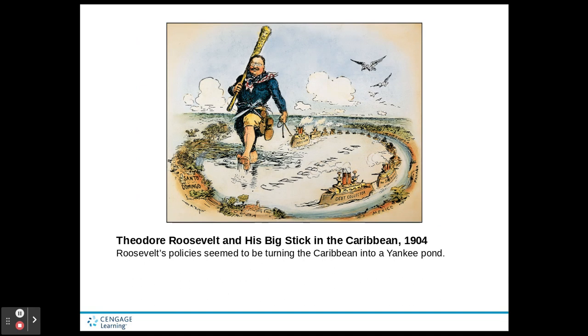This leads to this idea of America having this influence in the Caribbean, really using both its military and economic might to, you can even claim, bully other nations throughout the Caribbean to influence diplomatic, economic, and political events throughout the Caribbean. And this is where America gets a reputation for having an imperialist mindset in the Caribbean.